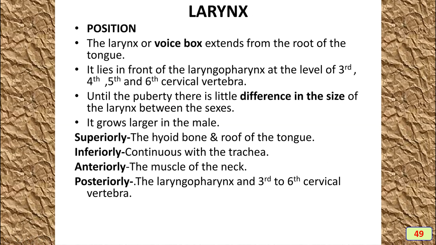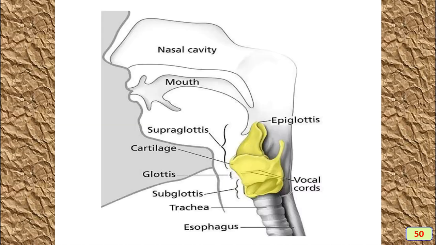So the larynx is also an organ in between the lungs or trachea and the nose. So this is the larynx, in which the upper part is cartilage, and the vocal cords are the ones which produce sounds, and then the subglottis or trachea and esophagus.